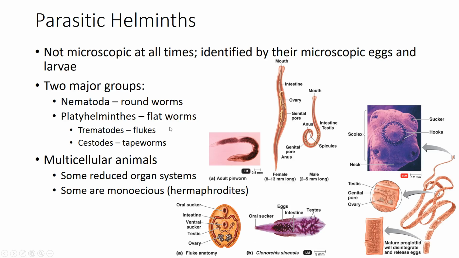Within the flatworms, you have trematodes, which are flukes, and you have cestodes, which are tapeworms. The flatworms are dorsoventrally flattened, and they have reduced organ systems. Just got to think about, because they're so flat, they really don't have the room to have full organ systems.